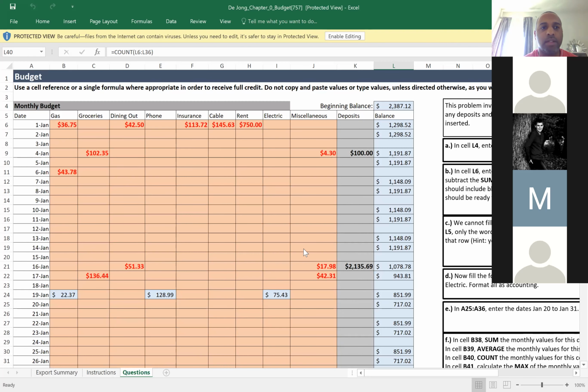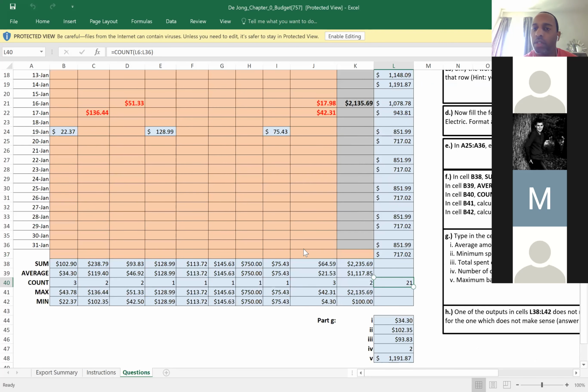Did you type that in? The 21. Yeah, because I see the count. It says L6 to L36. Did you type that in or did you paste it, copying a formula from another one?